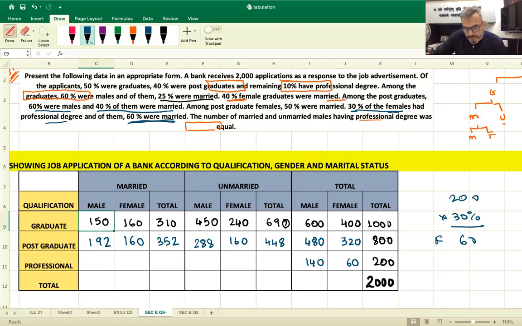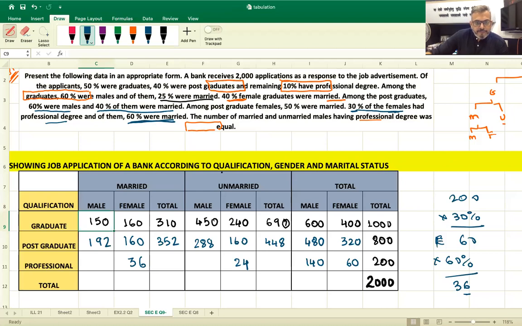So 60% of 60 are married, so 36. Do you understand this now? Who had the doubt? Okay, so 36 are married. So how many are not married? 24 are not married. So you can do 60% of 60 and 40% of 60.